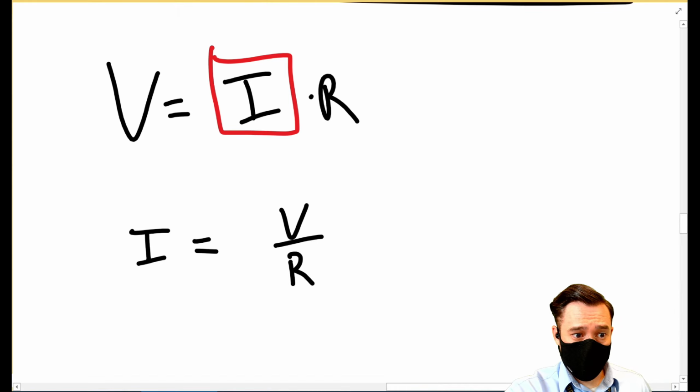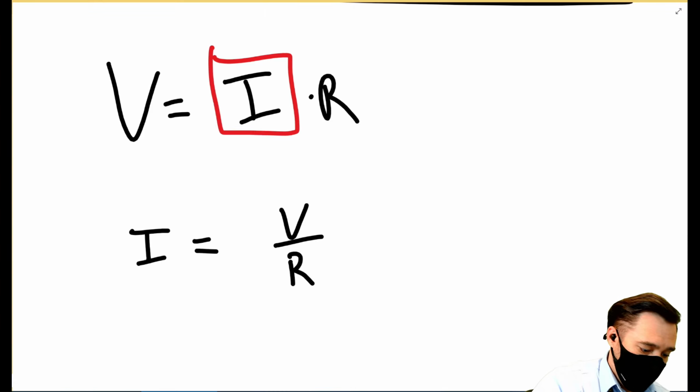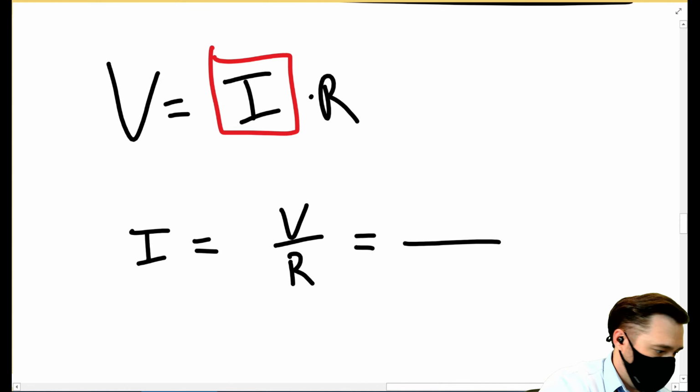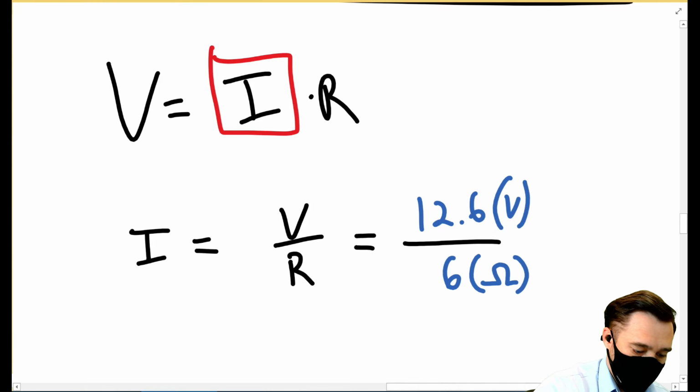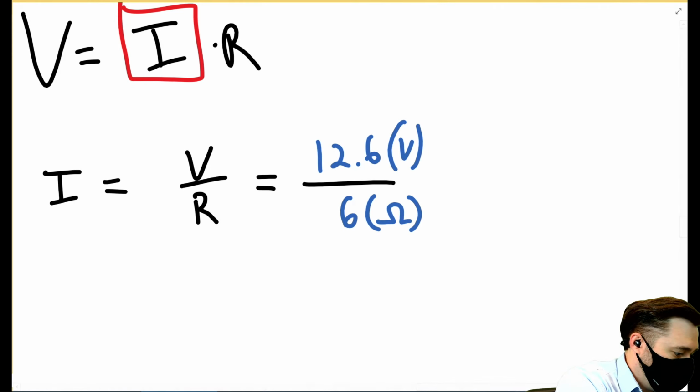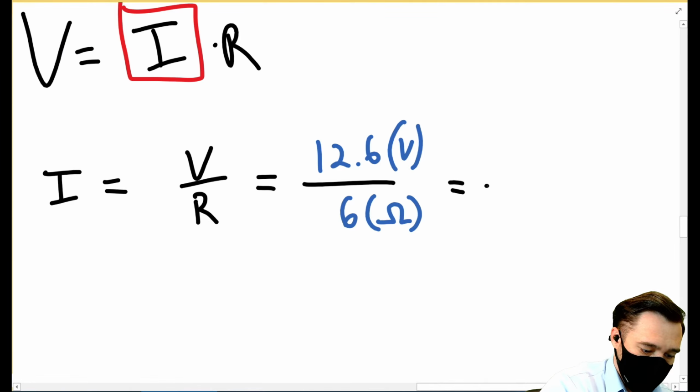Hopefully not. All right, and then I know V, I know R. My voltage was 12.6, and my resistance was 6 ohms. And this is going to be volts. And just like Josh mentioned earlier, this is going to end up giving us, was it 2.1?